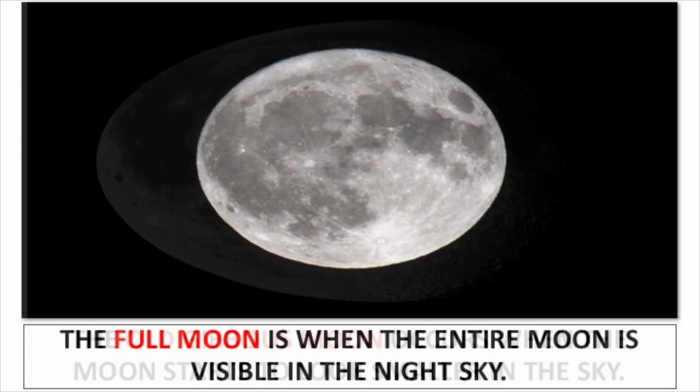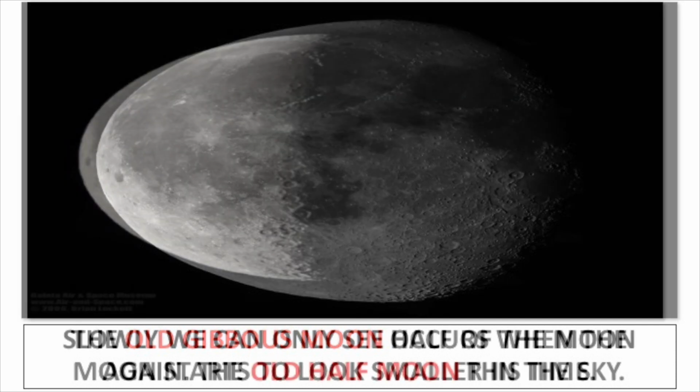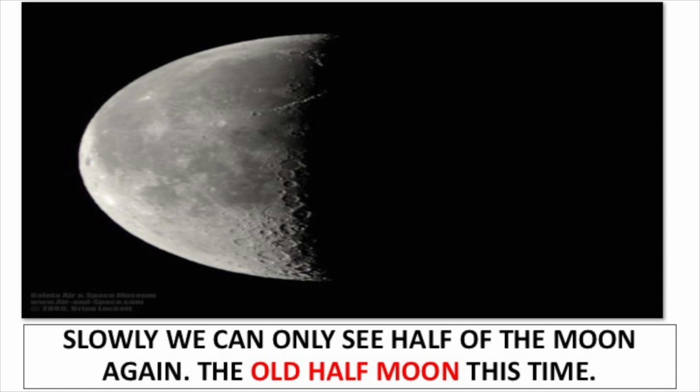For example, the old gibbous moon occurs when the moon starts to look smaller in the sky. Slowly, we can only see half of the moon.